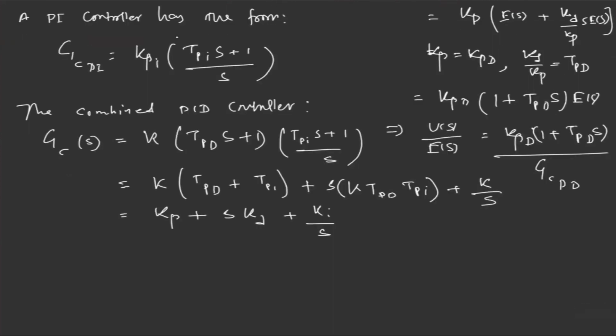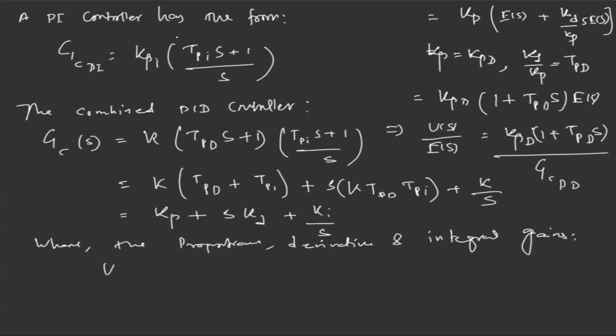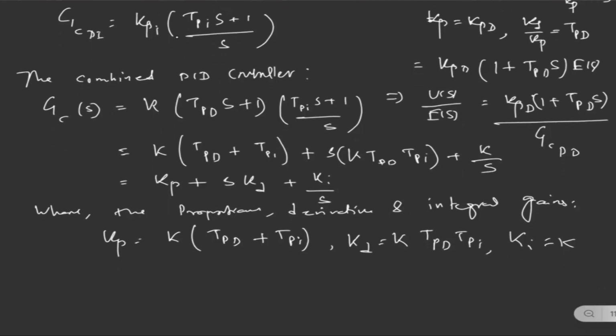Here the proportional, derivative and integral gains are: Kp equal to K into TPD plus TPI, Kd equal to K into TPD TPI, and Ki equal to K. So this is how we can design the controller gains of the PID controller.